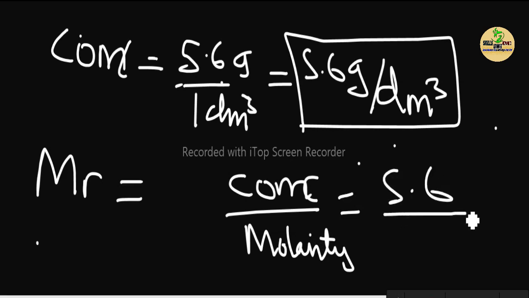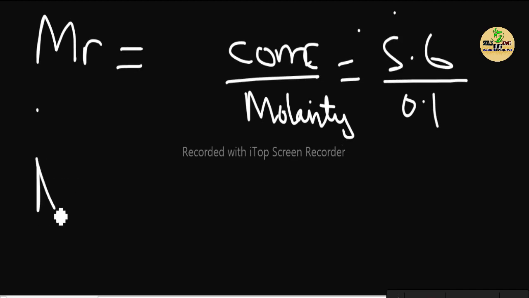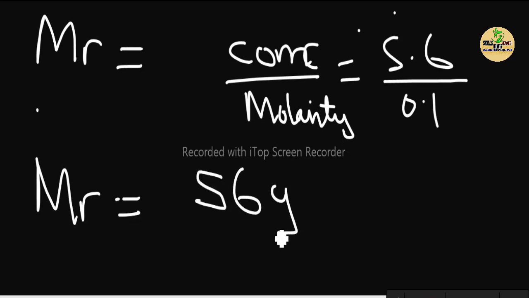Remember, we have 0.1 molarity. So when we solve this one, molar mass is equal to 56 gram per mole. That is our molar mass.